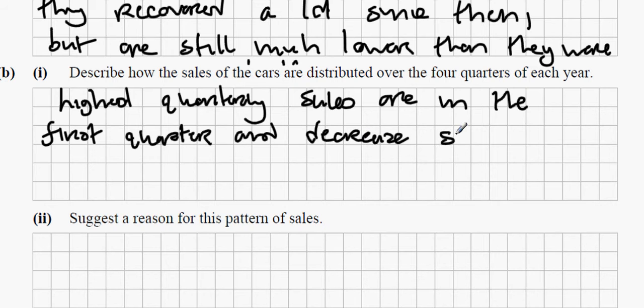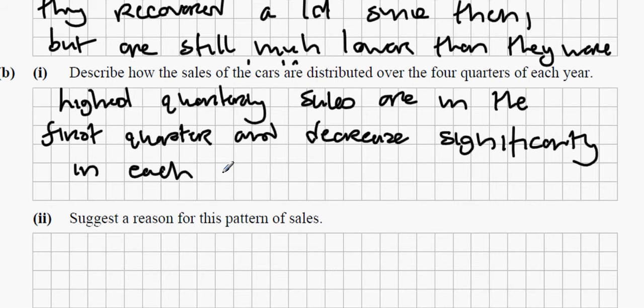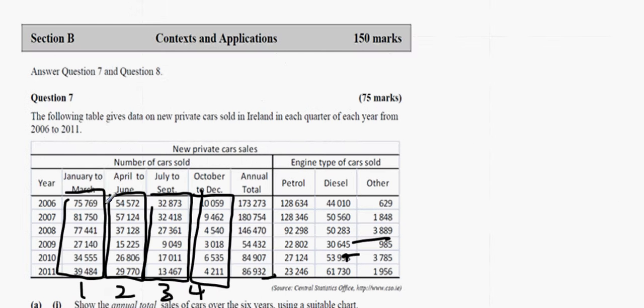Significantly means a good portion. Significantly in each subsequent quarter. Now subsequent means when it follows one after the other. So basically each subsequent quarter, the quarters that follow it, it decreases. So we can see 75 to 54, 54 to 32, 32 to 10. You can see that it just keeps dropping from quarter to quarter.